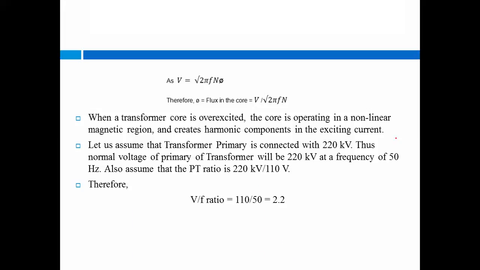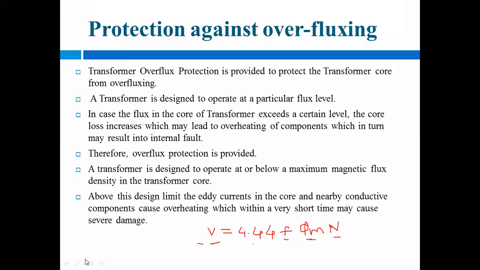Here we can write phi m is equal to V divided by 4.44 f N. This means the flux produced is proportional to the applied voltage.